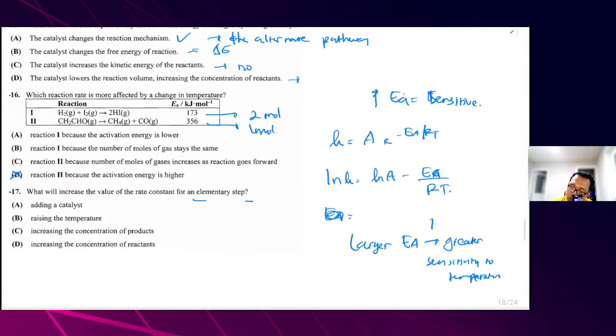We want to know, again for an elementary step, K equals A e to the minus EA over RT.